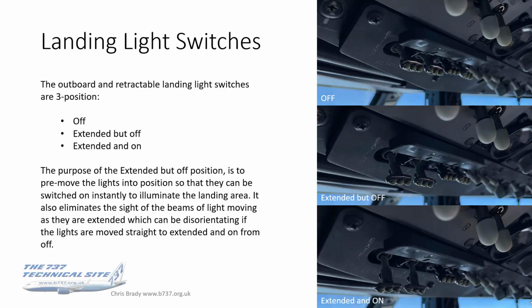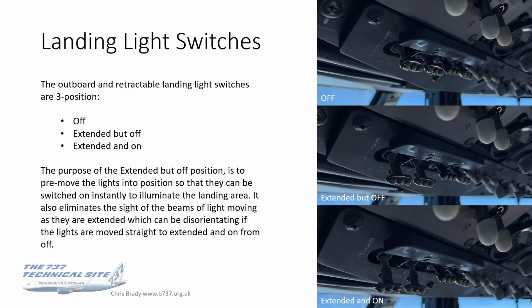The landing light switches, we've already mentioned the four on the end with the gang bar. But the outboard and retractable landing light switches are actually three positions: off, extended and off, and extended and on. Off and on are fairly self-explanatory, but the purpose of the extended but off position is to pre-move the light into a position so that it can be switched on instantly to illuminate the landing area.